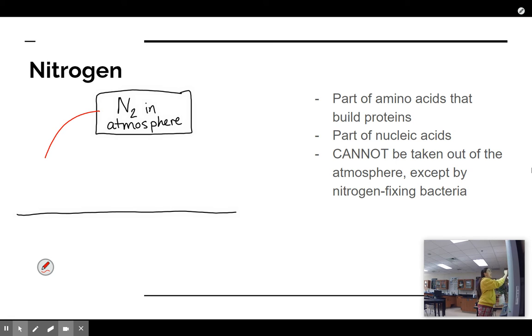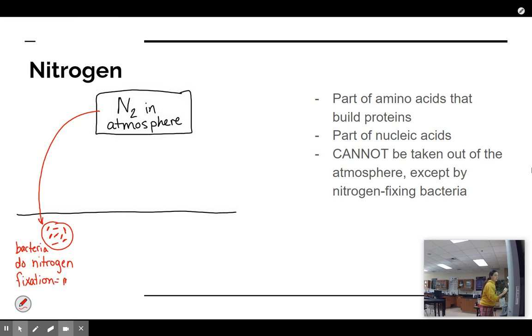So the nitrogen in the atmosphere can be taken out by certain species of bacteria that do a process called nitrogen fixation. So I'm going to draw some little bacteria in here. And they do this process called nitrogen fixation.